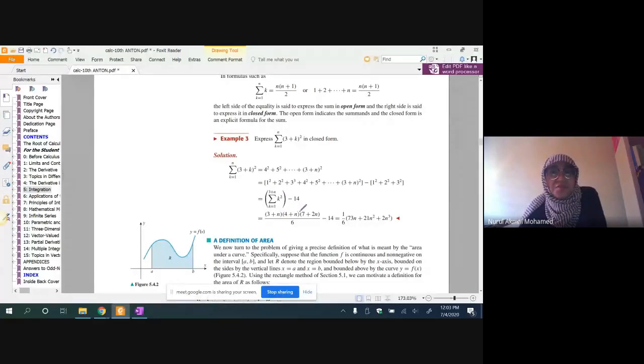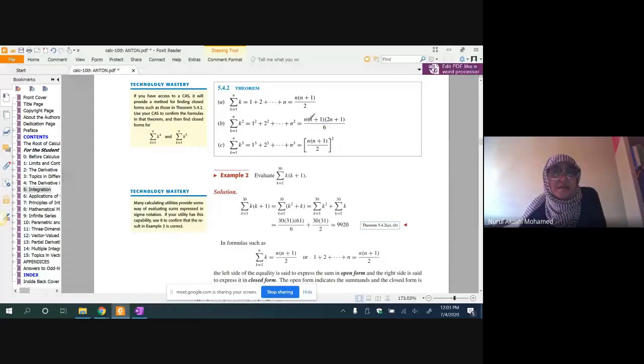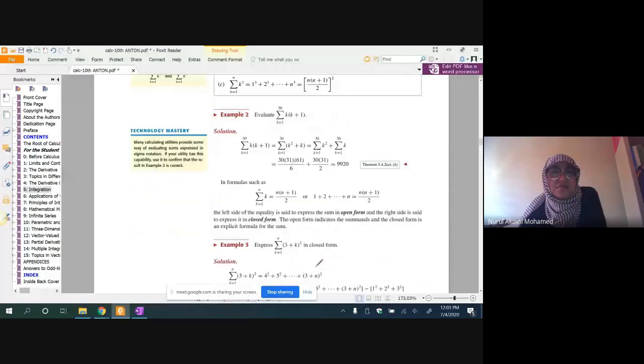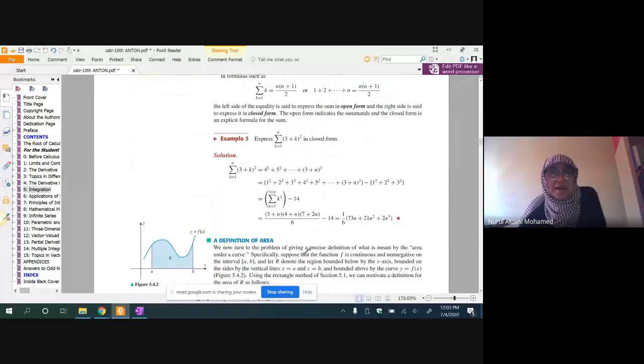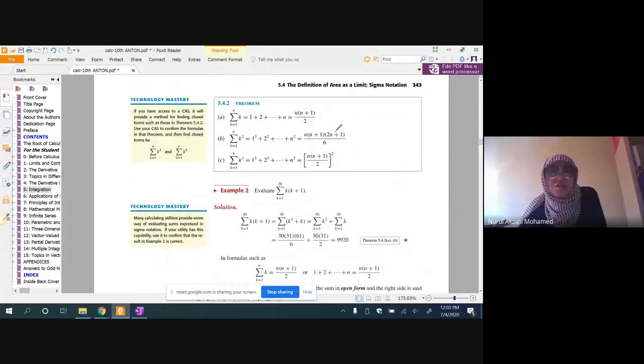Why 4 plus n? Because it is n plus 1. If you have 3 plus n, then 1 plus 3 plus n gives you 4 plus n. And then 7 plus 2n. 7 plus 2n, it's because of 2n plus 1.